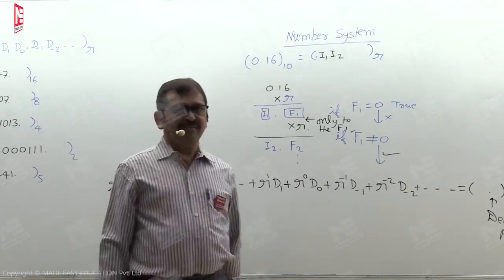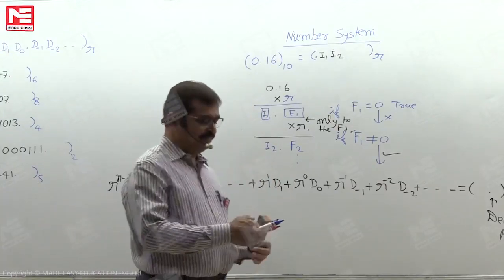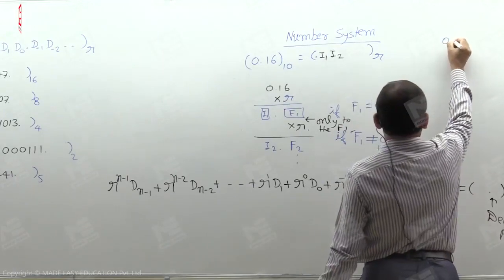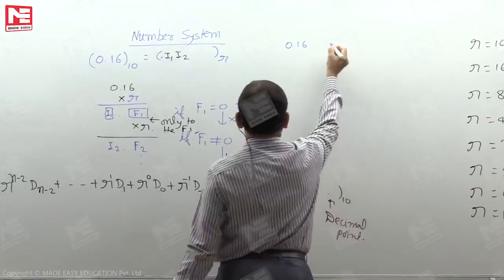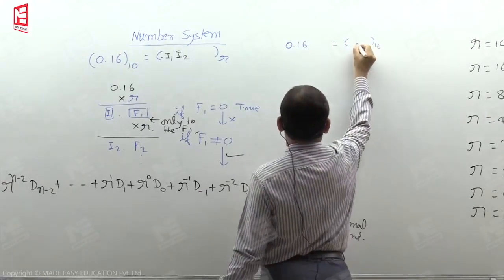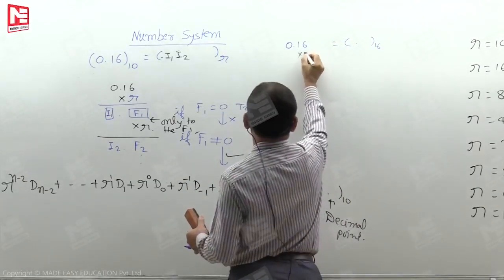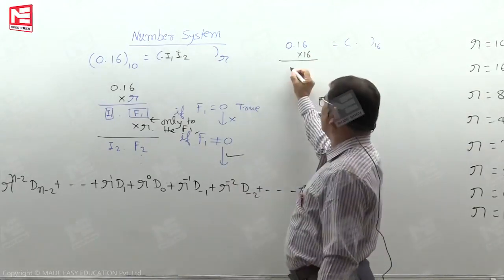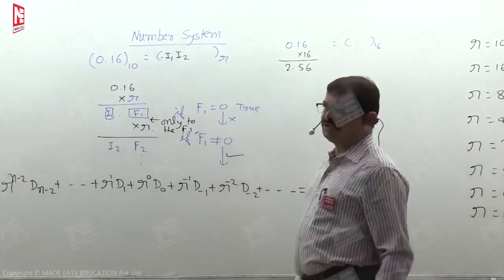Let us come to this example now. Let us start again the conversion work with the hexadecimal case. This number we want to read as the equivalent hexadecimal number. So multiplication we are having with the radix, that is 16. While multiplying by 16, it is 2.56.